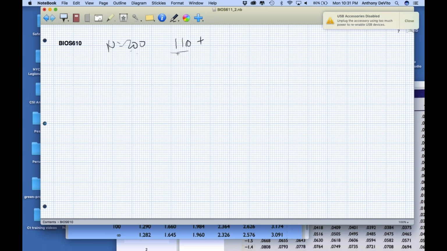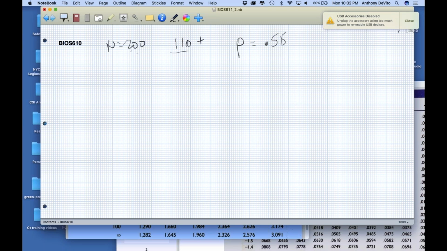Now, that means the proportion of people in our sample that are going to vote for this bill is equal to 0.55. 55% of the people we polled are in favor of this bill.